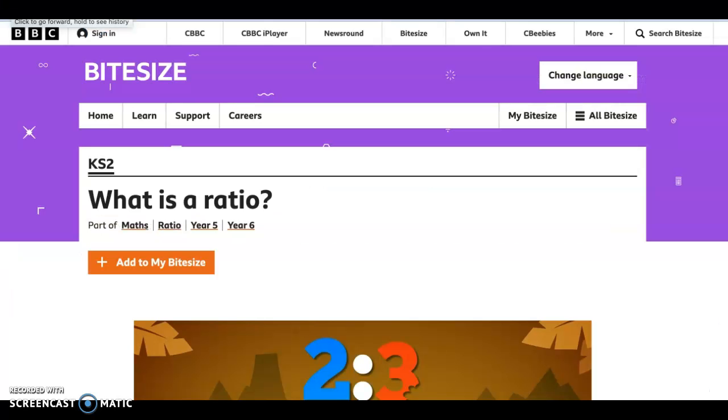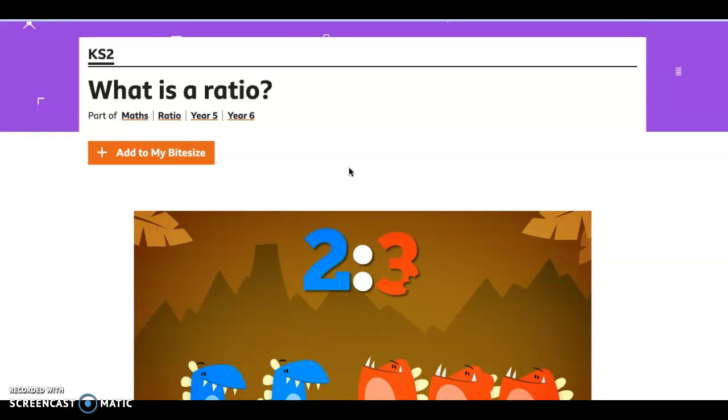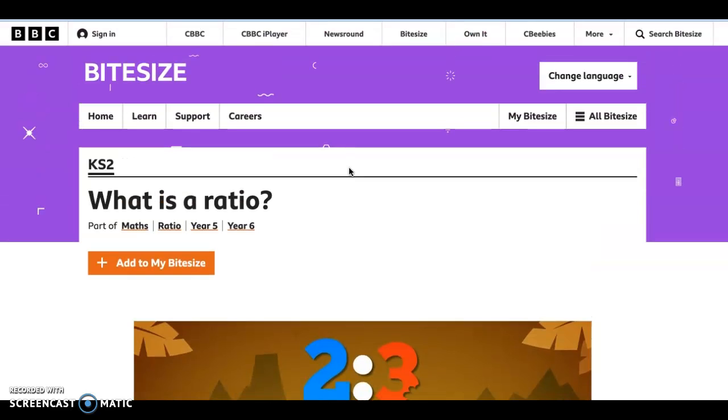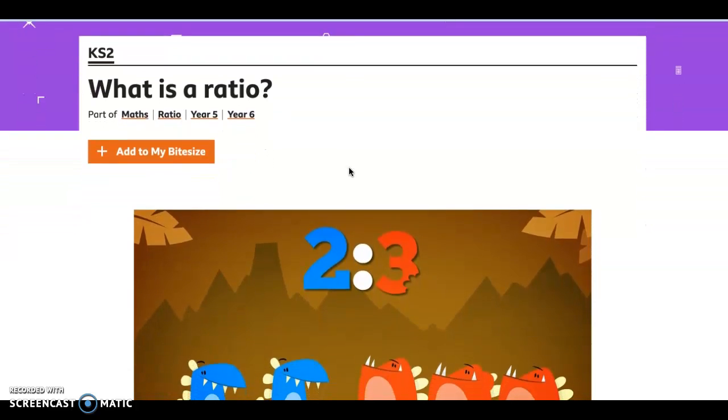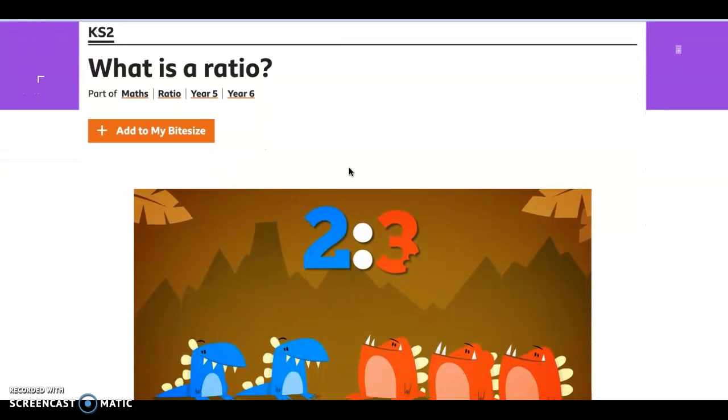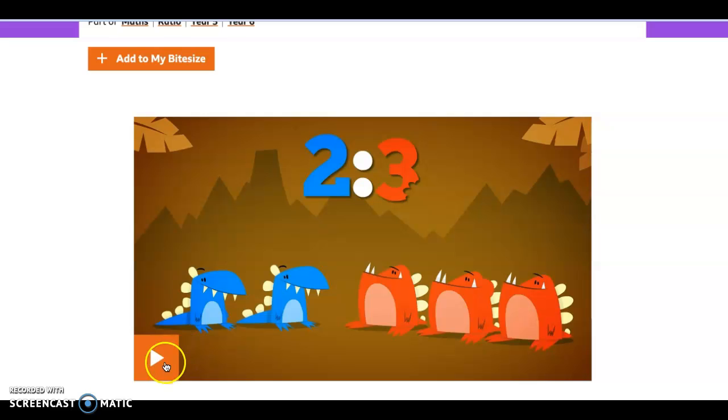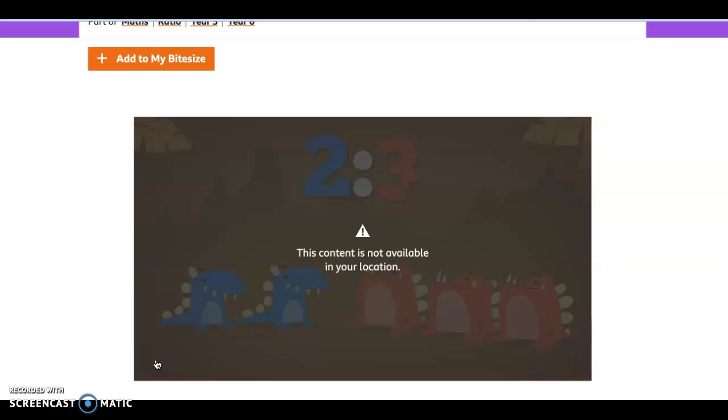Bite Size is a website from the BBC, which is in Britain or the UK. And again, when you're using any website, you want to make sure that everything is available to you. In this one, we're going to look at what is a ratio, and we see the monsters. So we're going to hit play, and you're going to find that this content is not available in the United States.